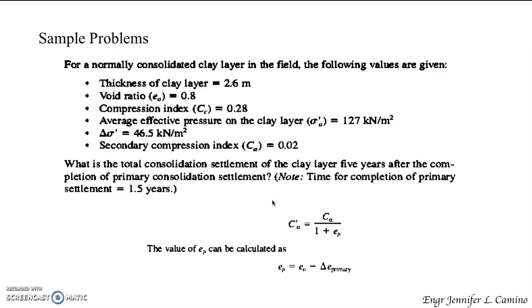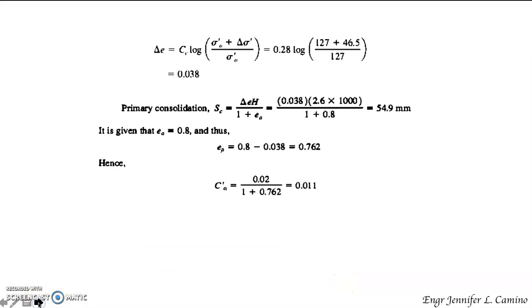So our C sub alpha prime is, of course, C sub alpha all over 1 plus e sub p. And the value for e sub p can be calculated using this equation: e sub p is e sub o minus delta e sub primary. So delta e is equal to C sub c log of this expression, which is equivalent now to 0.28 log of (127 plus 46.5) over 127, and that gives us the change in void ratio equal to 0.038. And for primary consolidation, this is the formula.